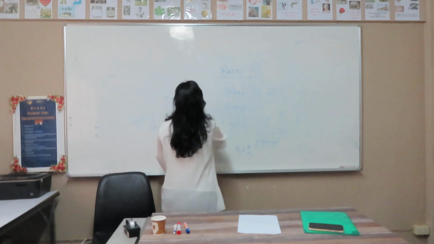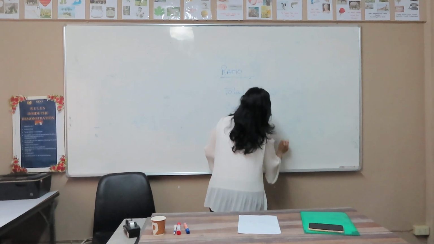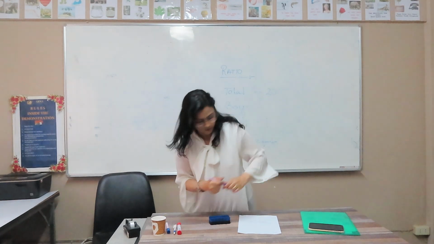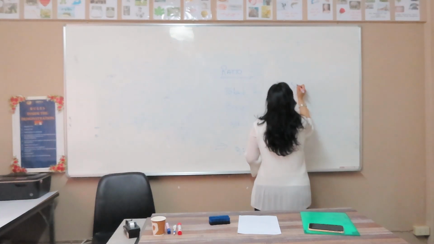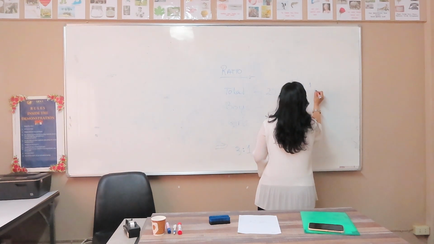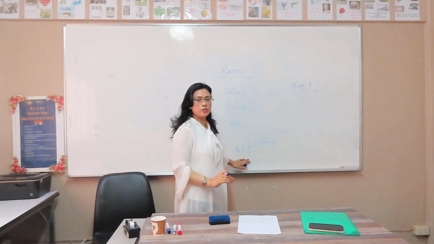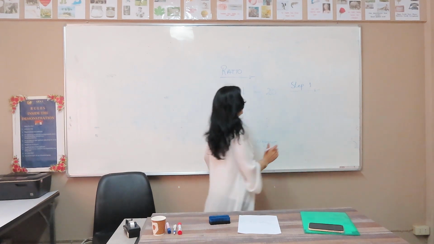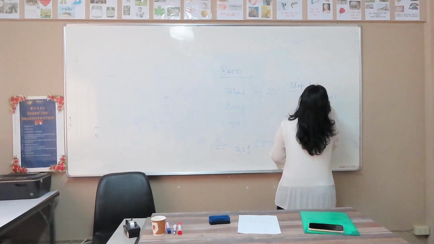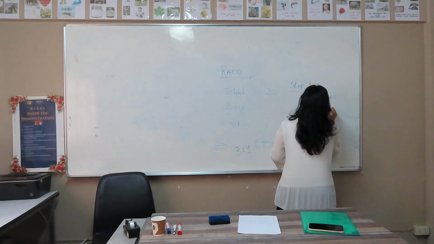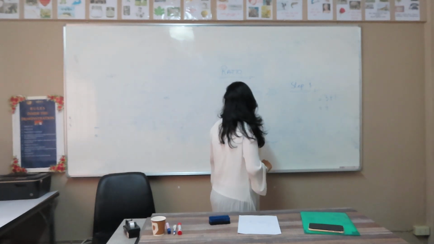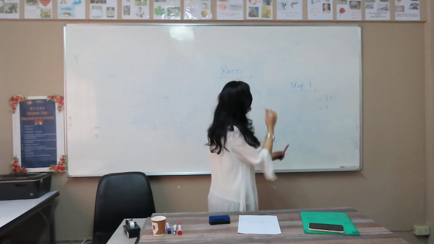Let's do this. Step 1. Let me change the marker. To solve this, step 1, you would have to add up the ratio, 3 plus 1. It's 4, right? So 3 plus 1 is 4.